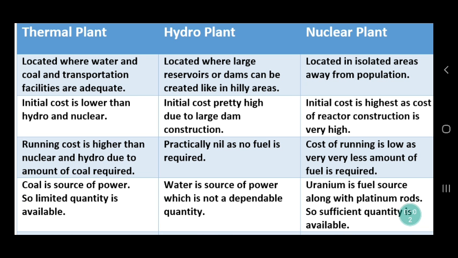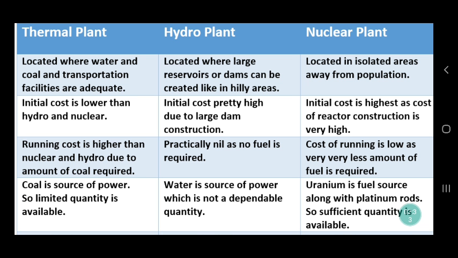Then in nuclear power plant the initial cost is highest, as the cost of reactor construction is very high. We require a nuclear reactor and we require uranium in this.